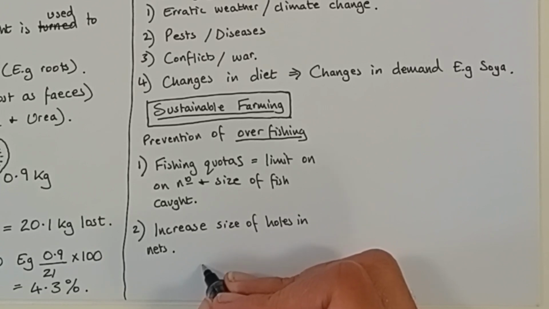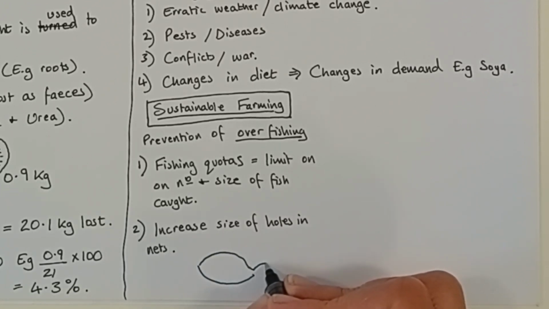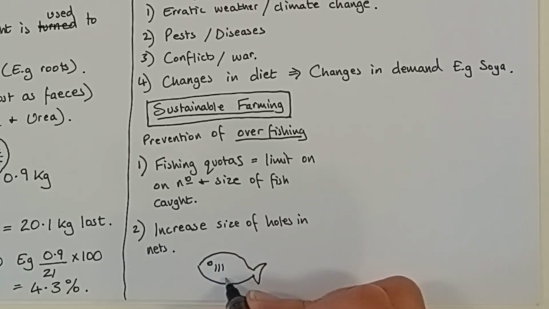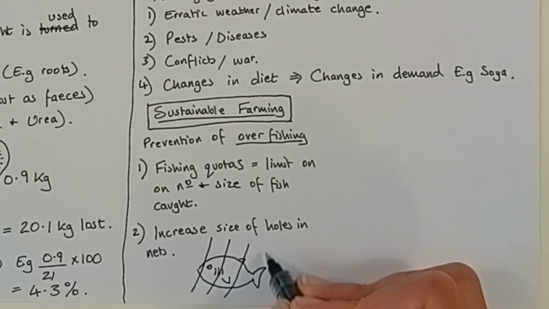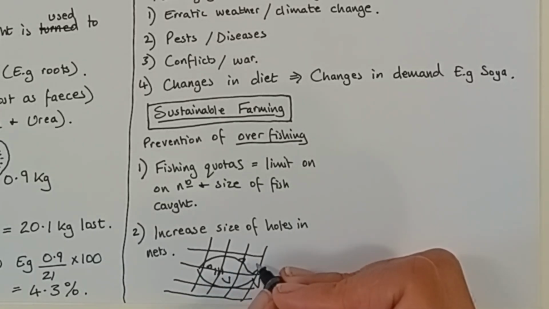So let's draw a big fish. So here's our big fish. He's been caught in a net. There he is, caught in the net.